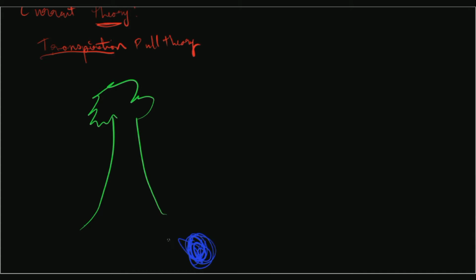What's going to happen is that we're going to use a combination of the root pressure theory and the capillary action, and we're also going to add something new to it called transpiration. Transpiration is the thing that allows water to evaporate into the atmosphere.